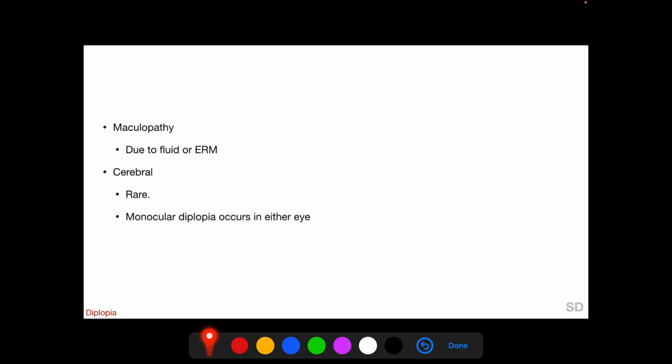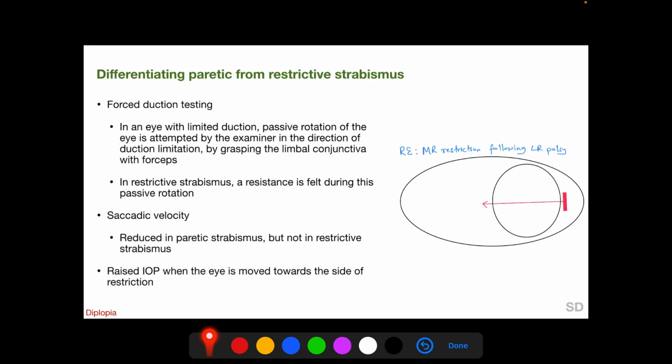Maculopathy due to retinal fluid or an epiretinal membrane can also cause a monocular diplopia, and there is a rare entity called cerebral diplopia, which is also a monocular diplopia, and the diplopia occurs in either eye. That means when the right eye is closed, a diplopia will be perceived with the left eye, and when the left eye is closed, a diplopia will be perceived with the right eye.